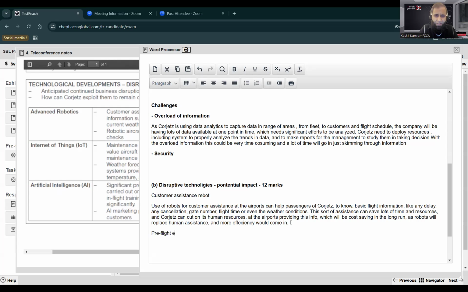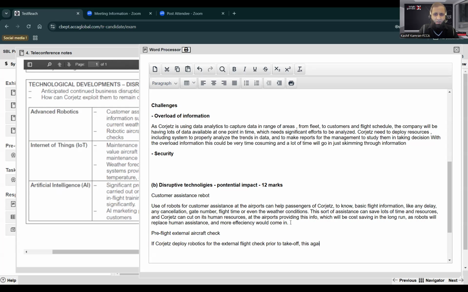Pre-flight external aircraft check. What can be the potential impact if CodeJets deploy robots or robotics for the external flight check prior to takeoff?